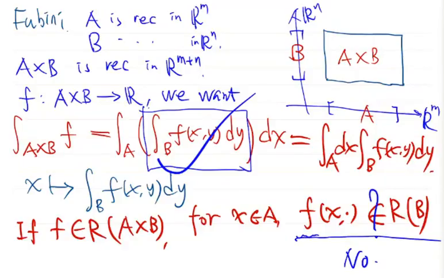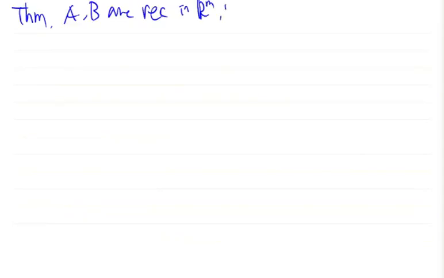Okay, so what should we do? So we will solve this problem. A theorem. Suppose A and B are rectangles in Rm and Rn respectively, and f is integrable over the Cartesian product.